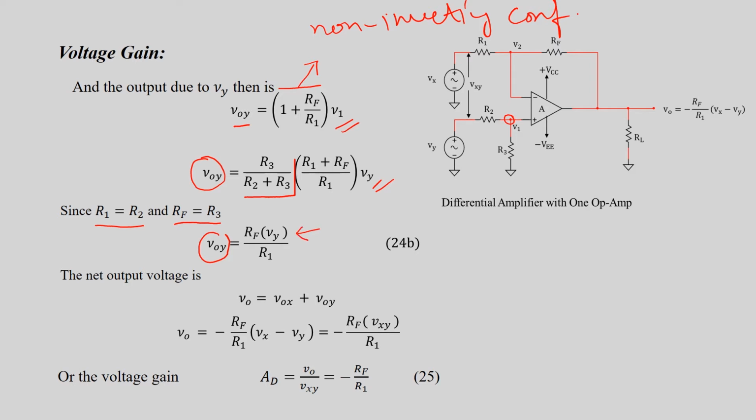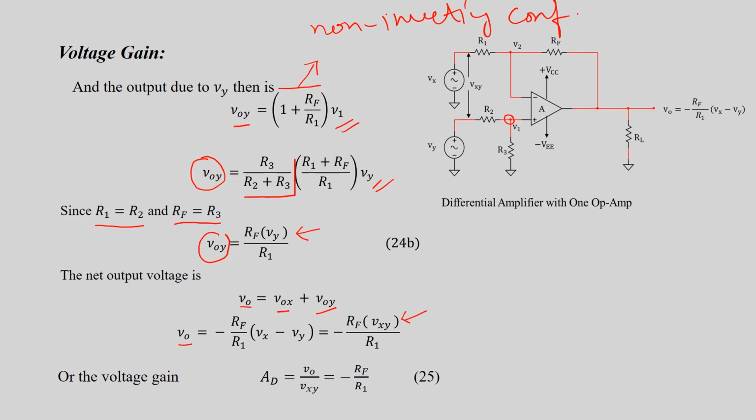So the net voltage is VO is equal to VOX plus VOY, the output voltage because of X and because of Y. So here we can write minus RF by R1 into Vx minus Vy, or minus RF upon R1 into Vxy. We can write Vx minus Vy as Vxy.